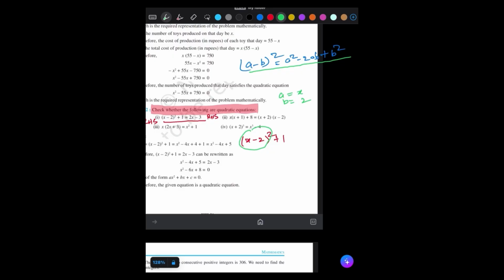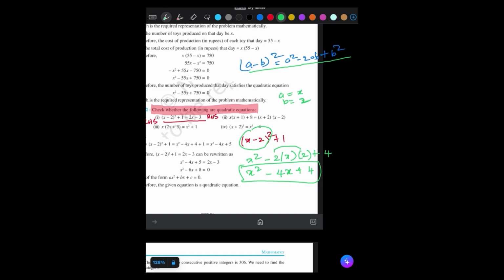So a squared means x squared, minus 2 into ab, which is 4x, plus b squared, which is 2 squared, 4. So we got x squared minus 4x plus 4.